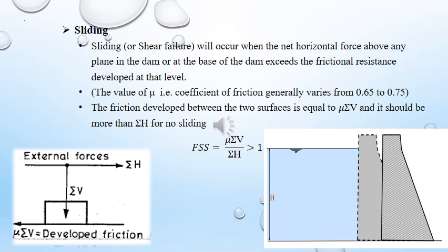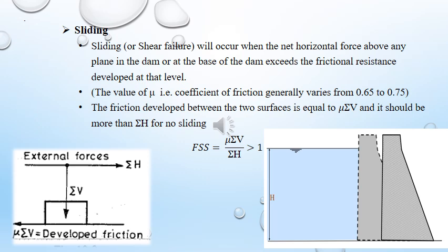The friction developed between two surfaces is equal to mu times summation of V, where summation of V is the algebraic sum of all the vertical forces and mu is the coefficient of friction between the two surfaces. So, for no sliding, the external horizontal force summation of H must be less than the shear resistance, that is, mu times summation of V.